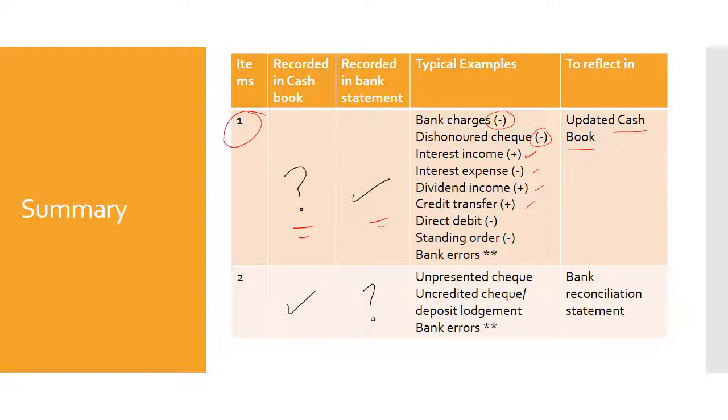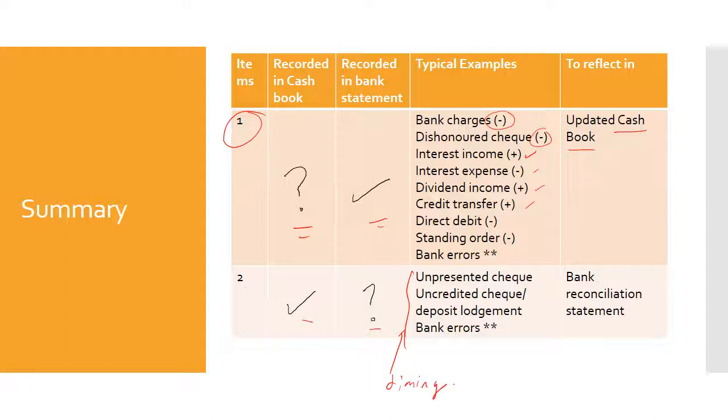The second category of items are those which appear in the cash book, but they are not in the bank statement. What are these? These will be like what I told you earlier on, the items that do not appear in the bank statement because of this problem of timing.